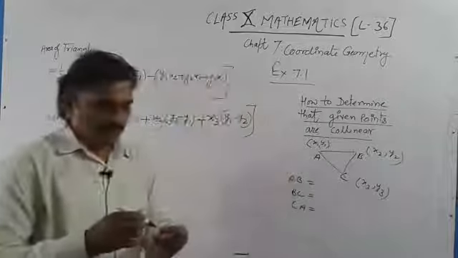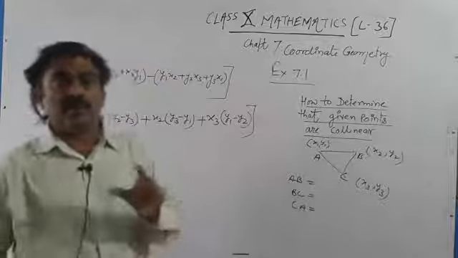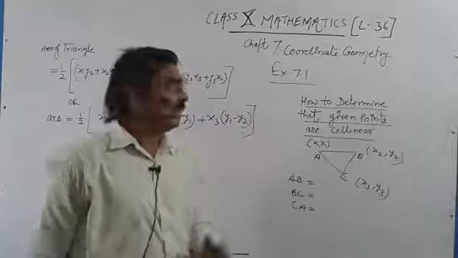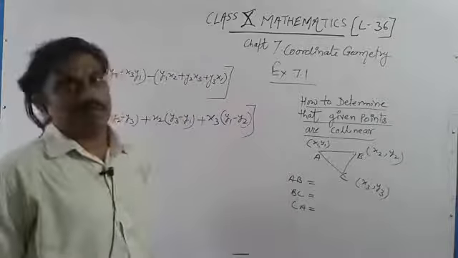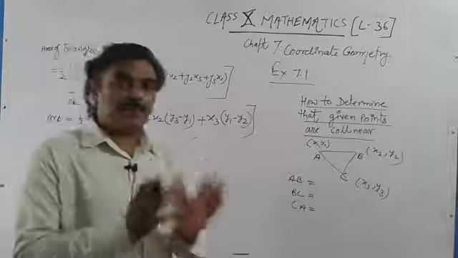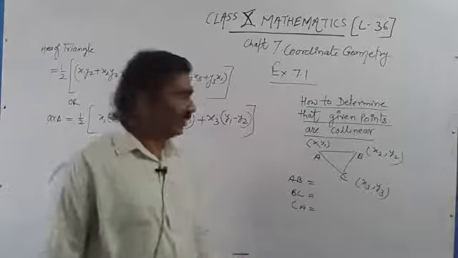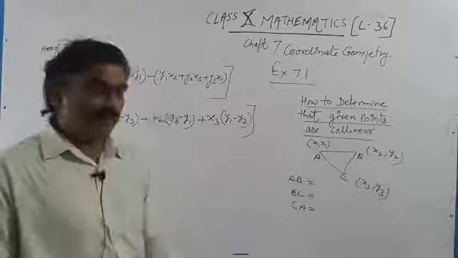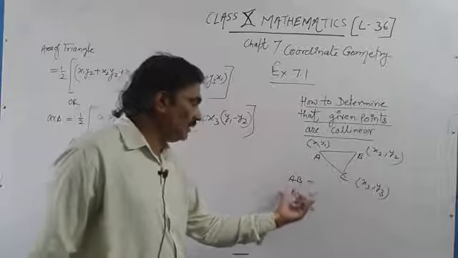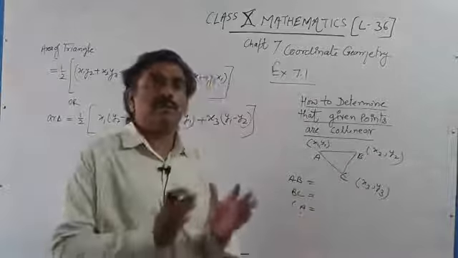Remember students, if you are given 3 points as in question number 3 of 7.1, first of all suppose the 3 points are ABC, then find the distance between AB, then BC and then CA using the distance formula.